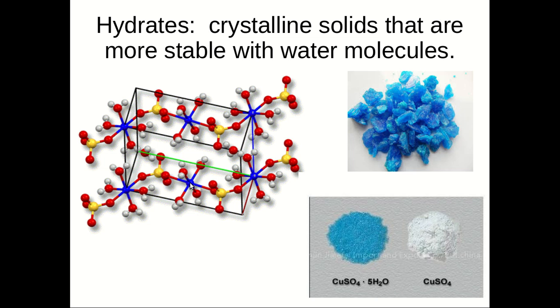You could see in this drawing that there are about 4 water molecules that fit in spots all around this blue copper 2 plus ion. The yellow here is the sulfur, and the reds are the oxygens. So this is SO4, the sulfate ion, SO4 2 minus.